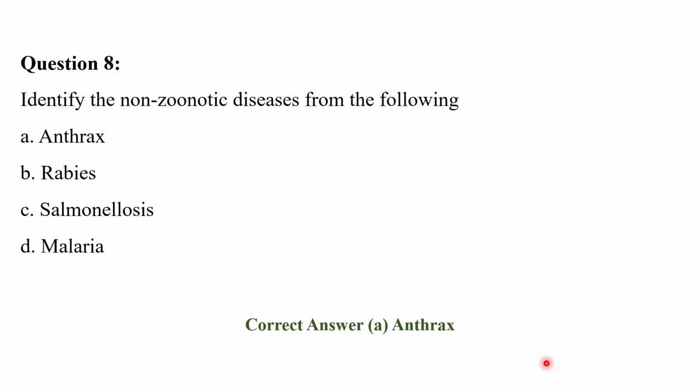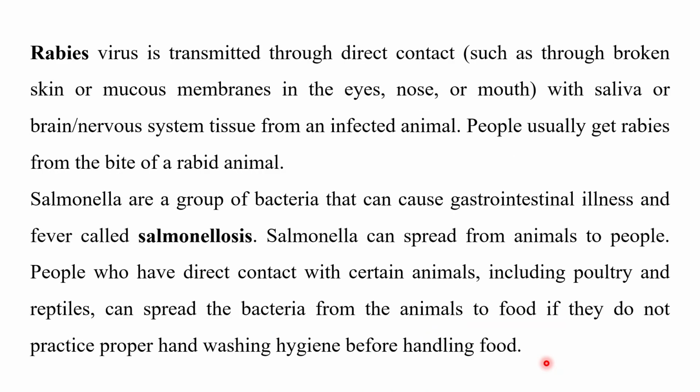So, the other options were rabies, salmonellosis and malaria. So, rabies, you must have heard, generally people say if a dog bites you, you can get rabies. So, not just dogs, there are many rabid animals. Rabies is a virus actually, and a lot of animals are hosts of this virus.